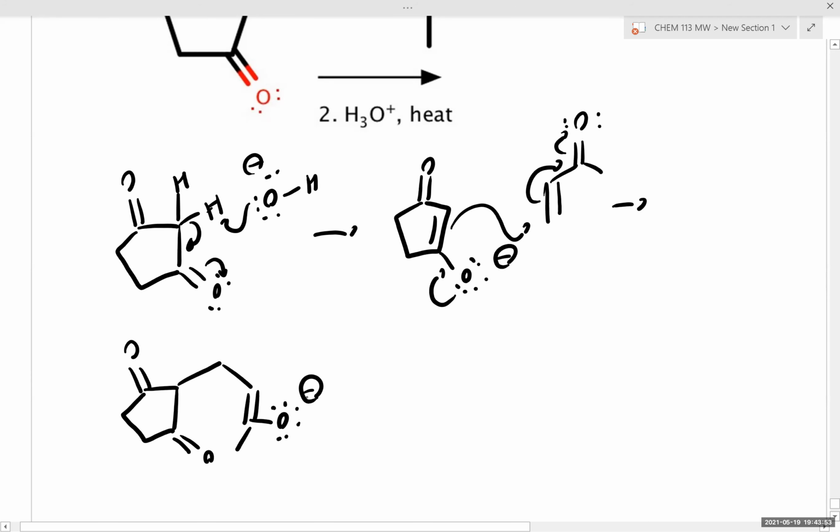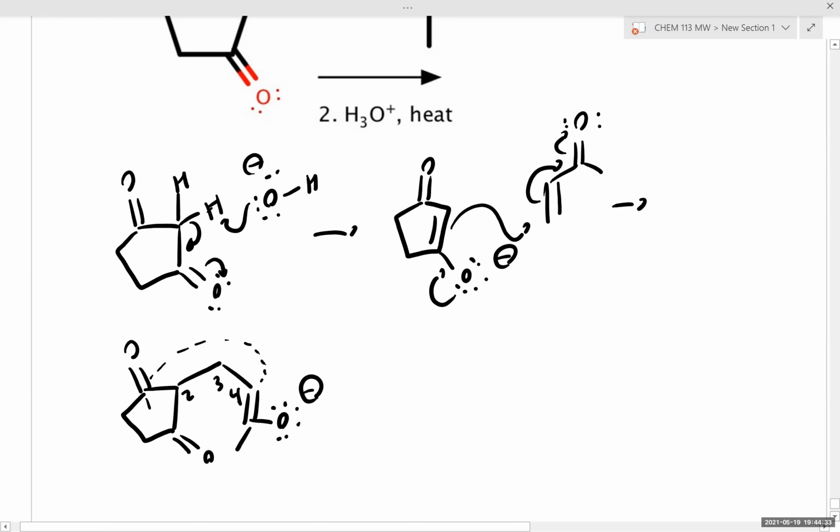So what will happen next? Would anyone like to detail the next step for this reaction? So initially this intramolecular reaction wouldn't work.